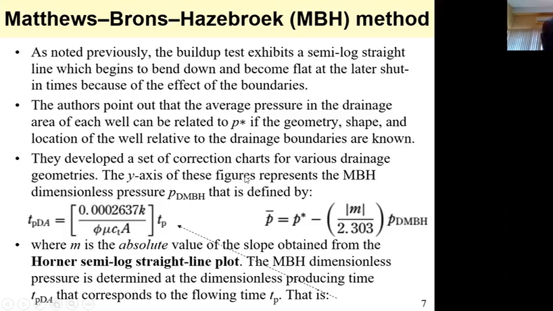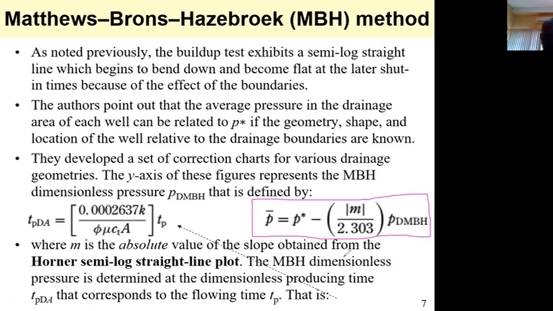And the Y values of these figures represent the MBH dimensionless pressure. The final equation is what you have here, with a linear relationship between the average reservoir pressure and the MBH pressure.